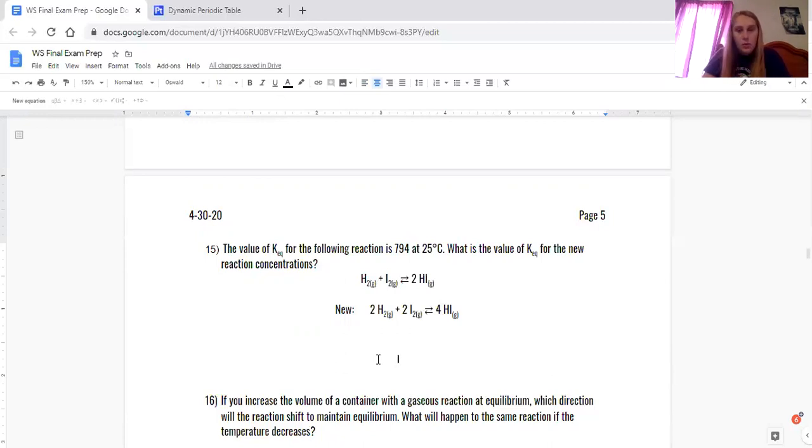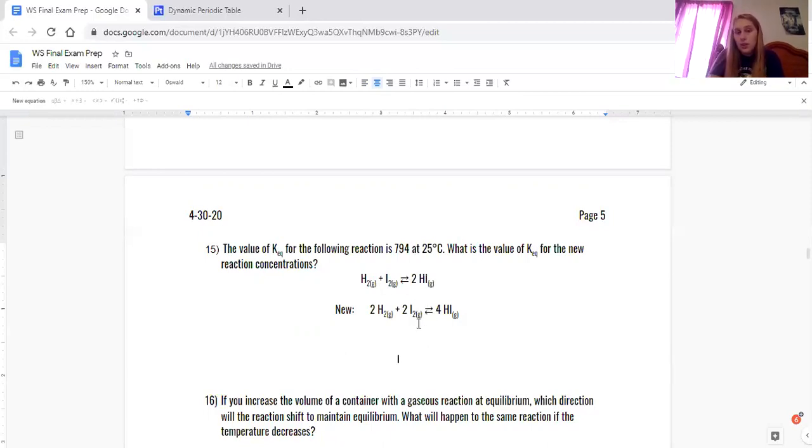Since everything is doubled, it's like where you would basically have to square it to get to that, because of you know how like if you had in this one you would just have, you know, like HI squared over H times I. Well, in this one it would be HI to the 4th power over H squared times I squared. So you can see that it's like everything has been squared from here to there.